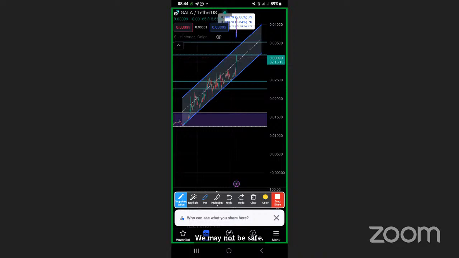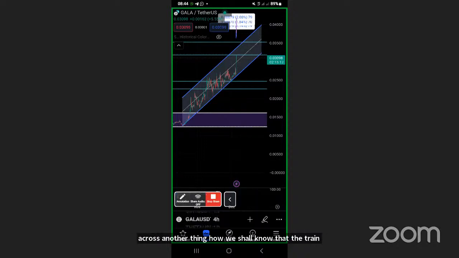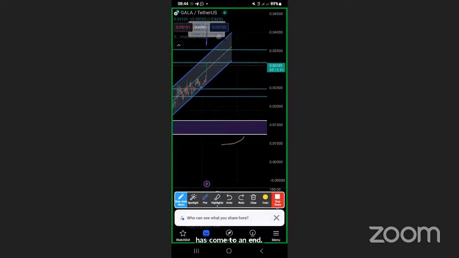Okay. So if we come across another thing, how we shall know that the trend has come to an end is when we see a breakout to the downside. What is a breakout to the downside? It means once the price begins to drop, it comes to this support, which was helping and guiding us through the trend, comes through that point and fails to be supported.